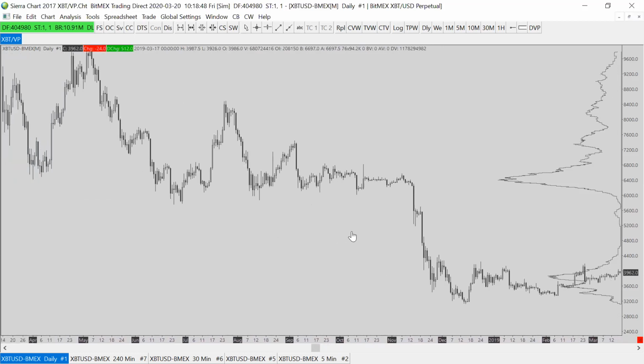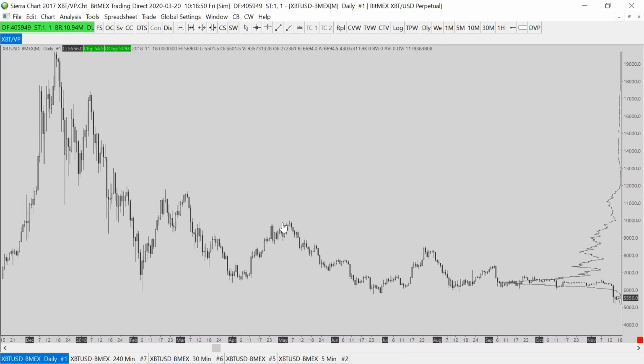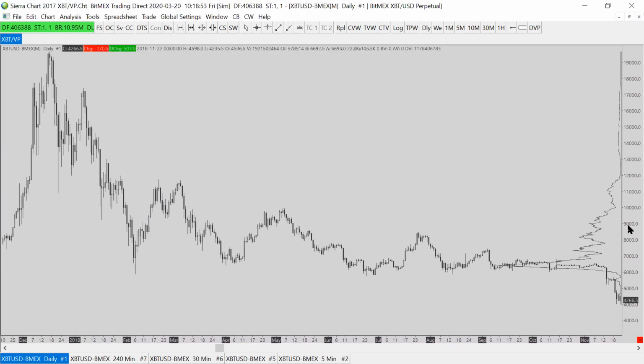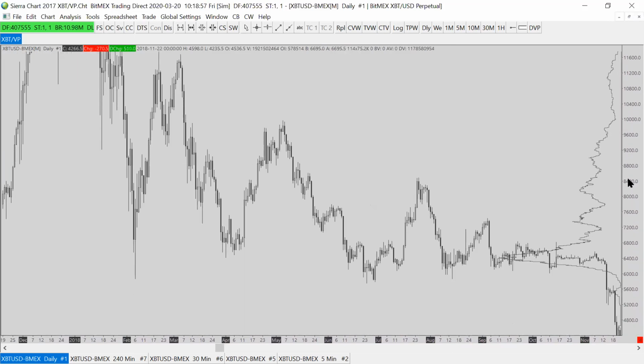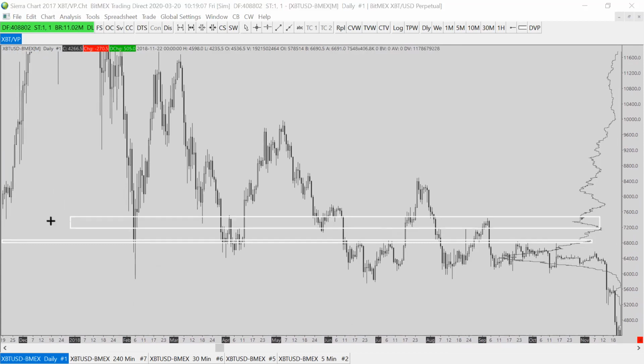Just for example, if I just go ahead and mark out all of these low volume nodes here, something like that.